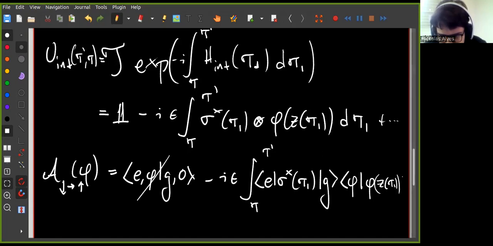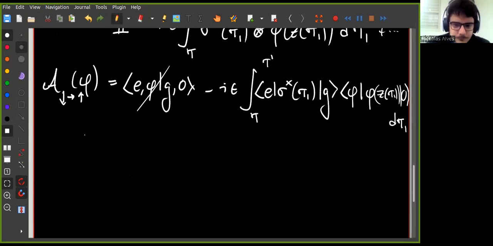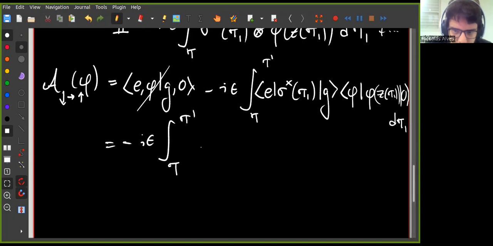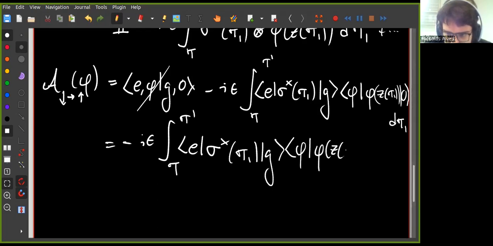Now, this becomes simply e to the minus epsilon tau prime times the integral of E sigma x of tau 1 G phi of z of tau 1 0 d tau 1.